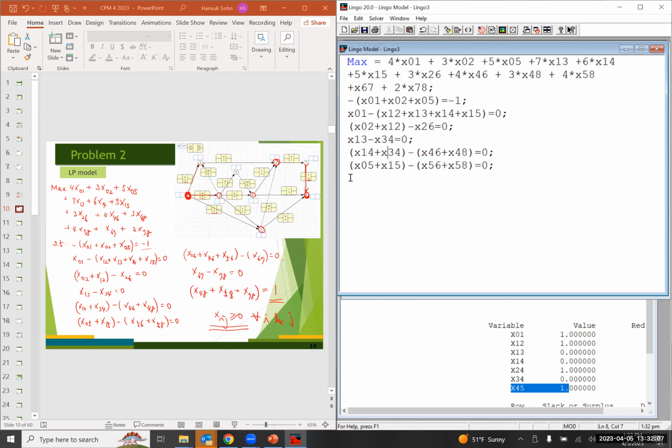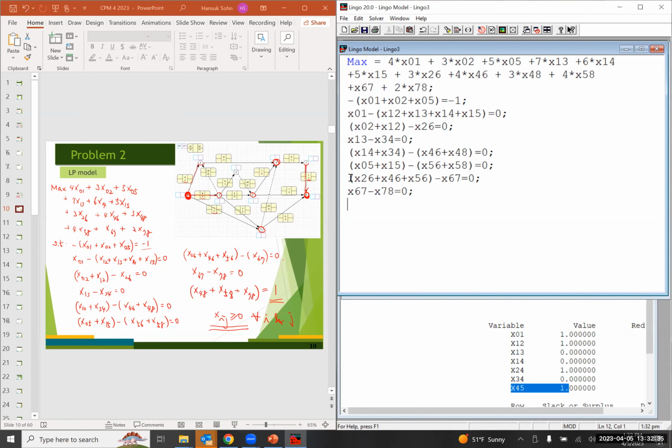Now we move on to event number 6. So it has 3 inflows, x26, x46, x56, and then 1 outflow, x67. x67, x78, 0.